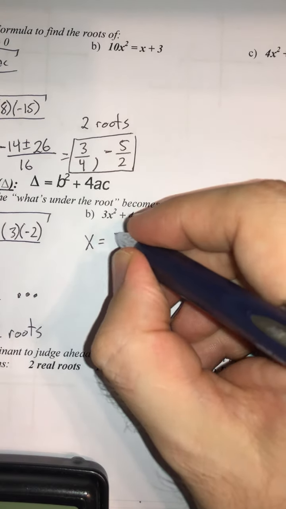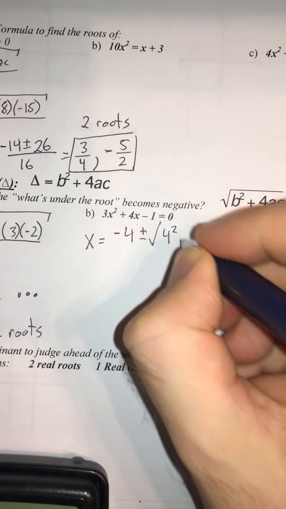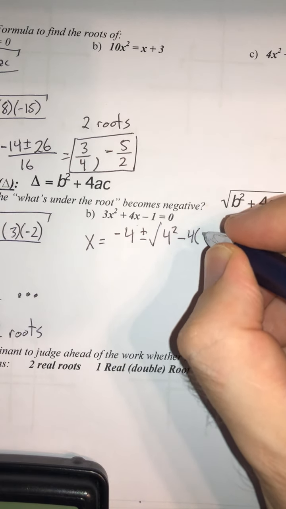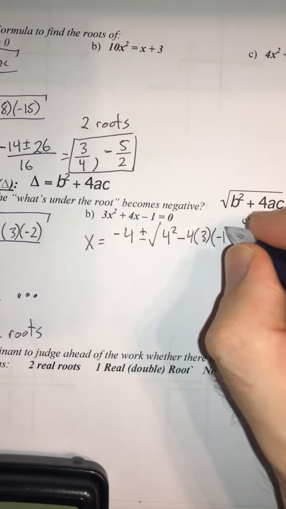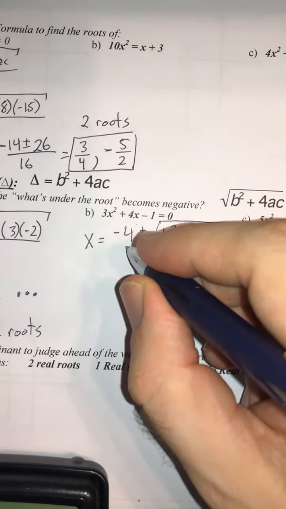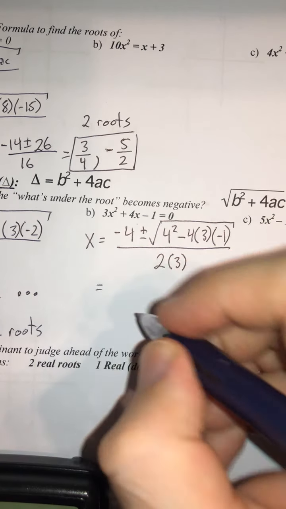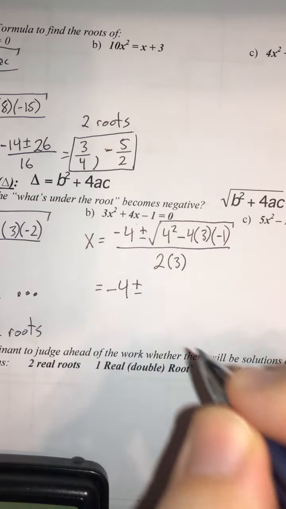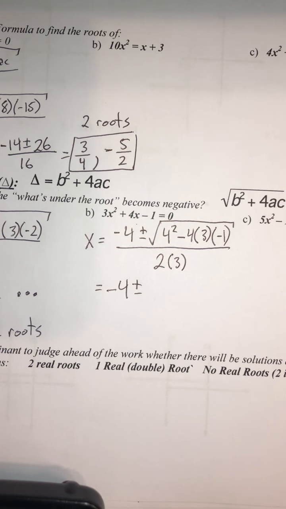So x equals negative 4 plus or minus the square root of 4 squared minus 4 times a, which is 3, times c, which is negative 1, all divided by 2 times a, which is 3. So plug that in, we get 4 plus or minus 4 squared minus 4 times 3 times negative 1.